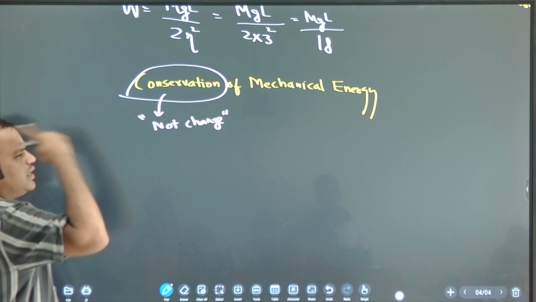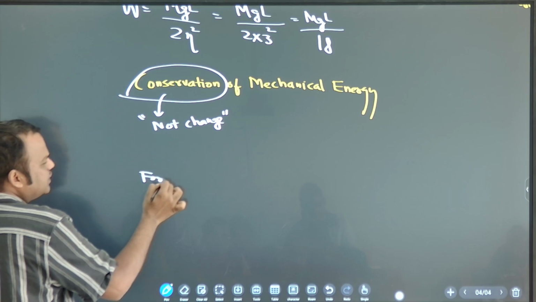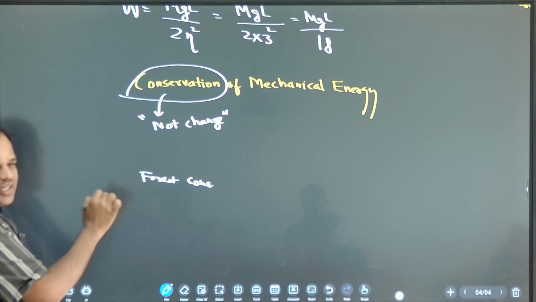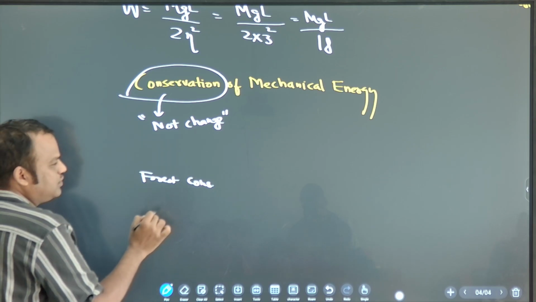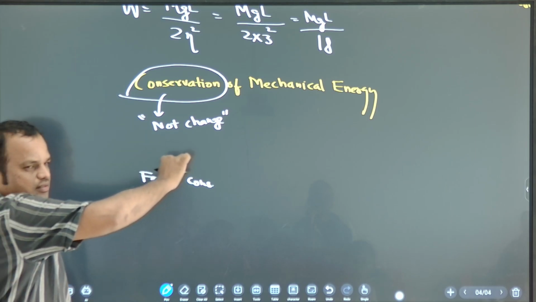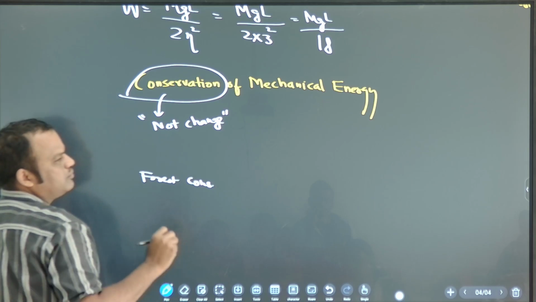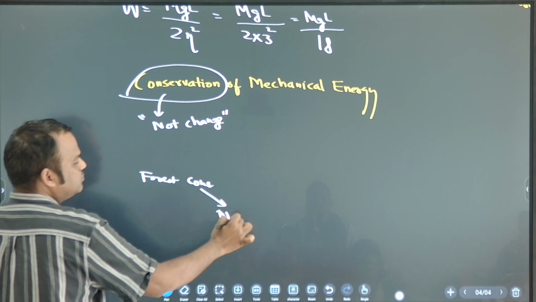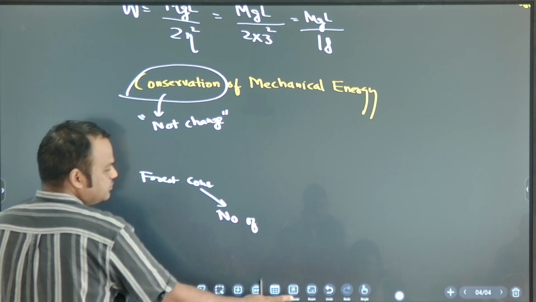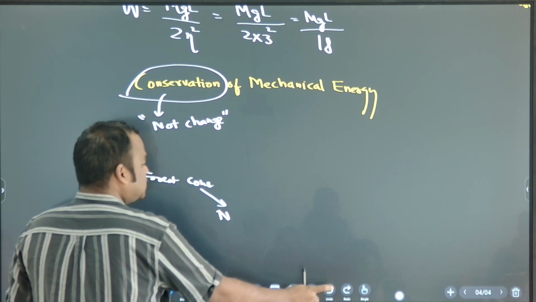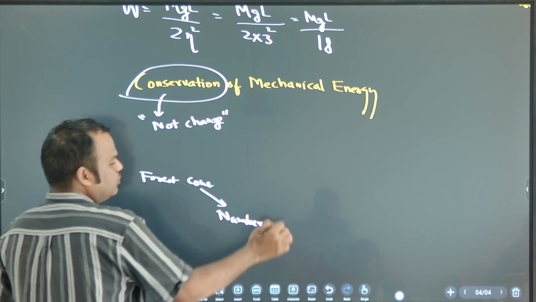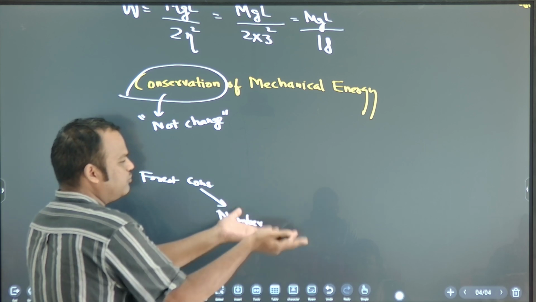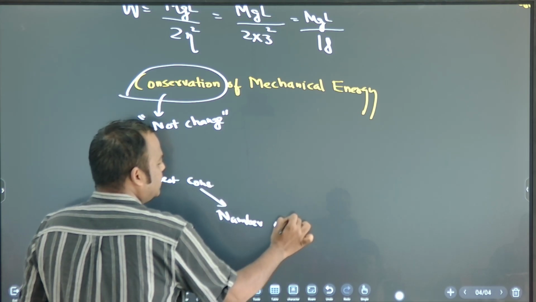In our daily life, you hear forest conservation, right? What is forest conservation? Number of trees should be constant. But to cook food, we need wood, fire.